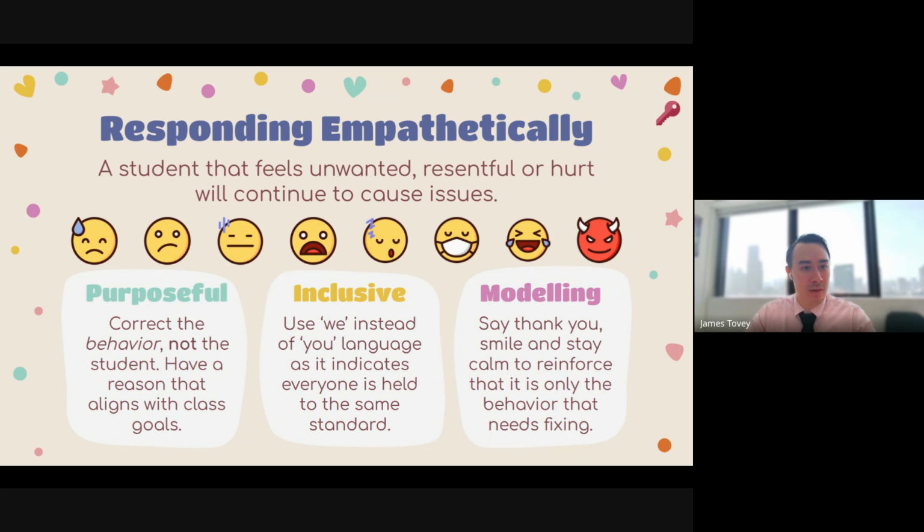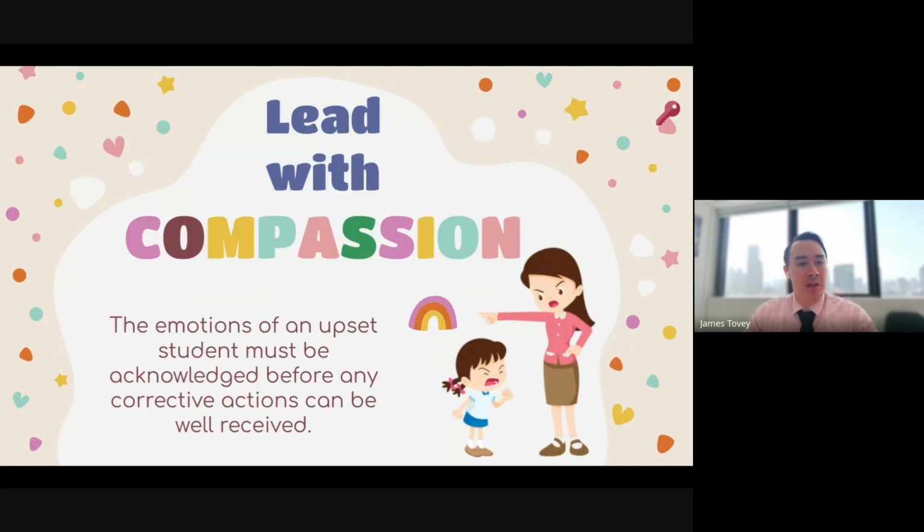Now, we're going to talk about when students are potentially quite upset. So lead with compassion first. The emotions of an upset student must be acknowledged before any corrective actions can be well received. Essentially, if you've got a crying child like this, or some students quite upset for whatever reason, just going and yelling at them, telling them to go in the corner, go do your work, go do this, go do that, they're not being heard by you.